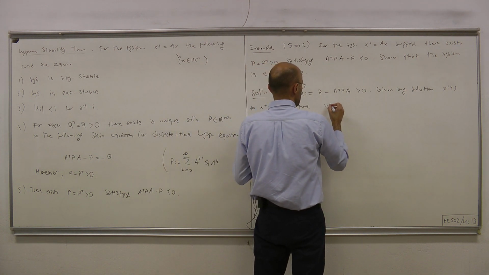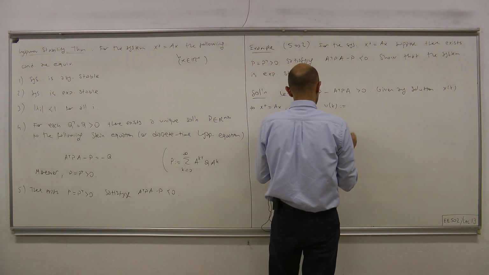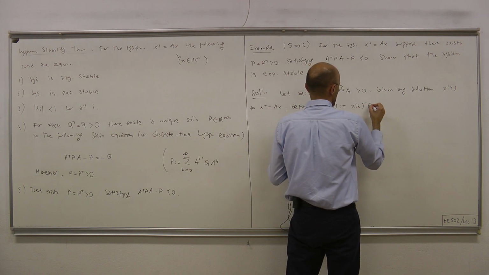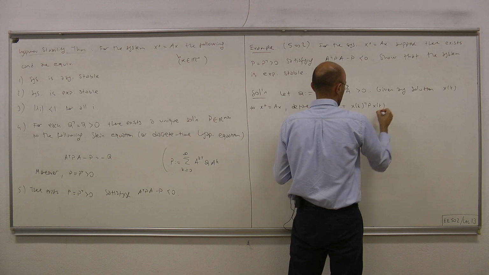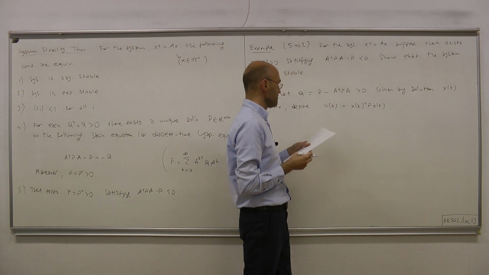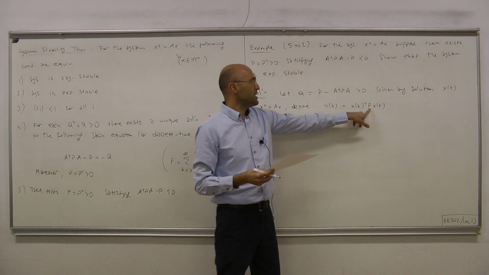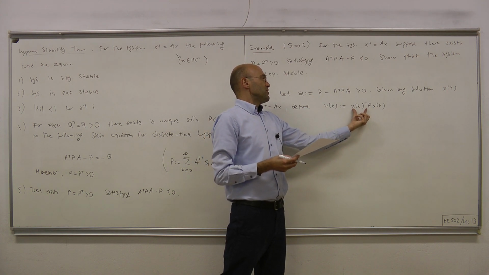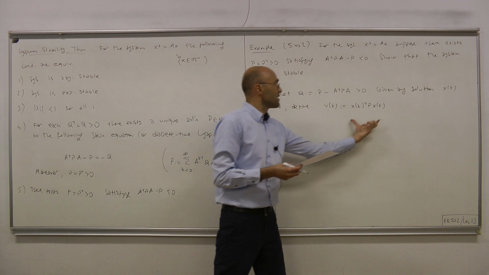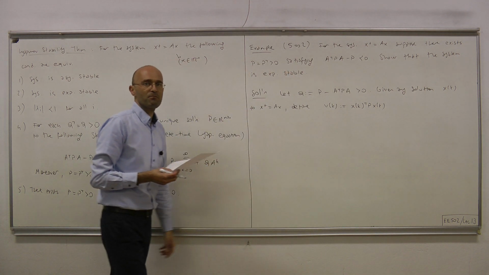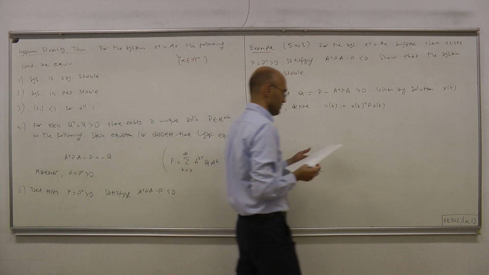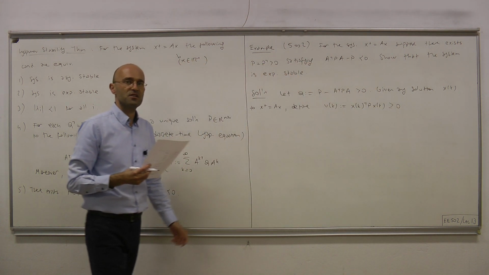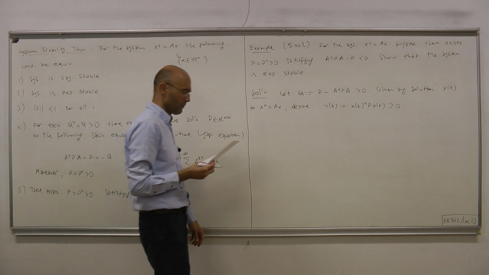So we define v of k as x k transpose P x k. Okay. And since P is a positive definite matrix, and at any time x k is just a vector, by definition, this scalar must be non-negative. Okay. So this is always greater than or equal to 0, because P is a positive definite matrix.